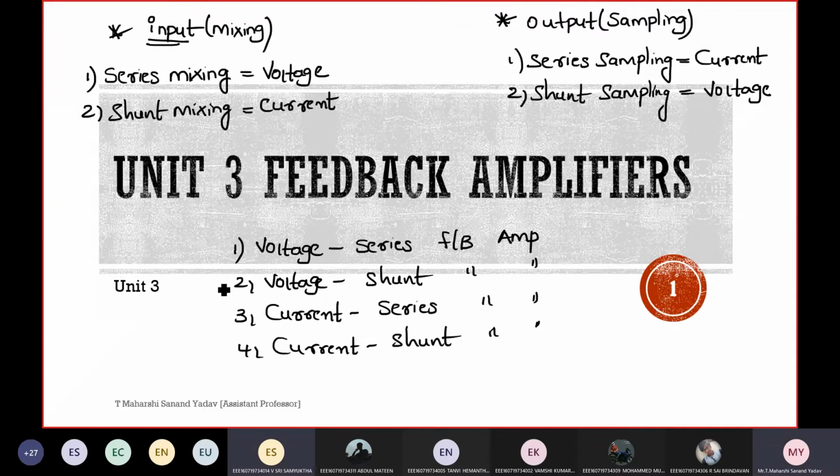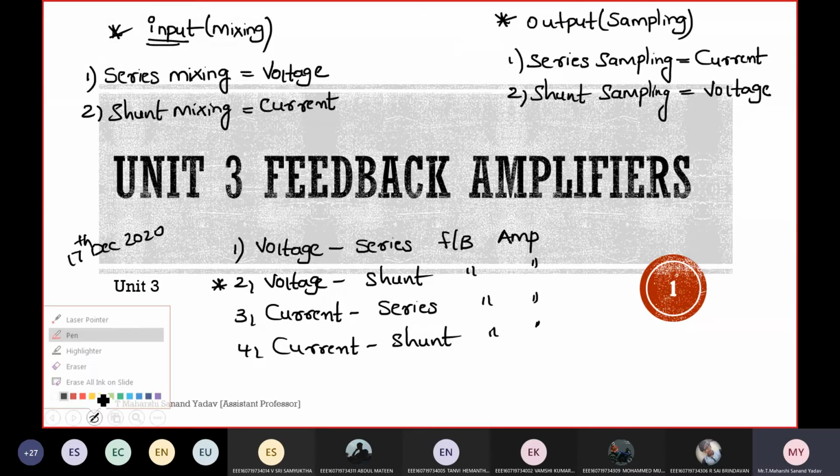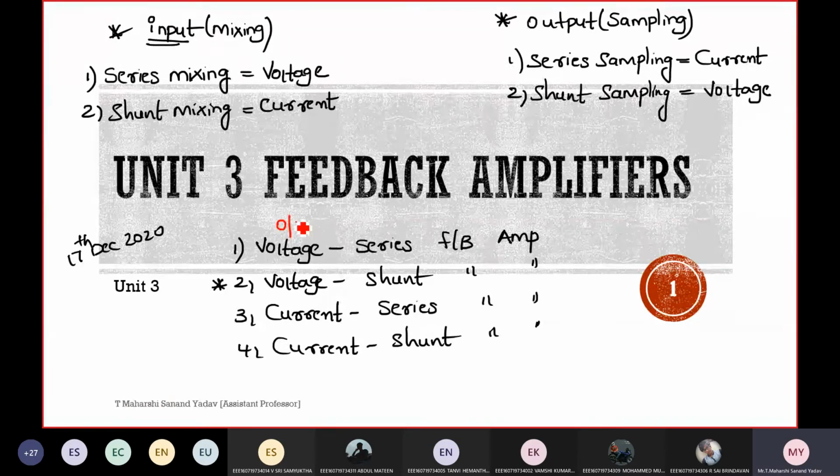I think I've shown you the question paper which was conducted this month, on the 17th of December. This was a long question. Voltage shunt was there, so now you have to draw the equivalent diagram for this. One technique is to consider the first part as output and the next part as input.